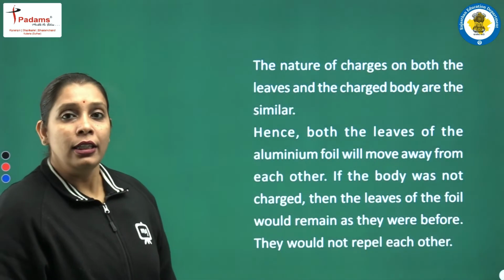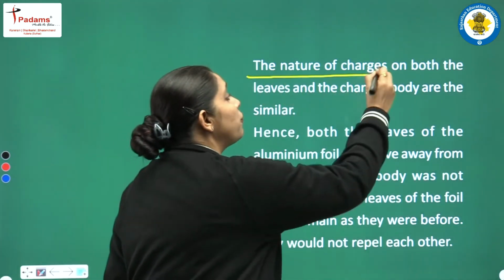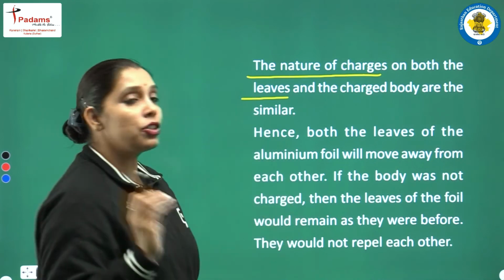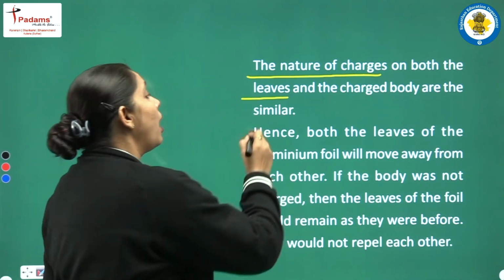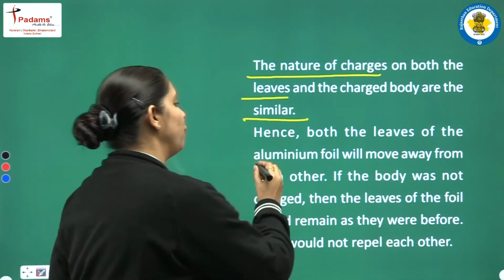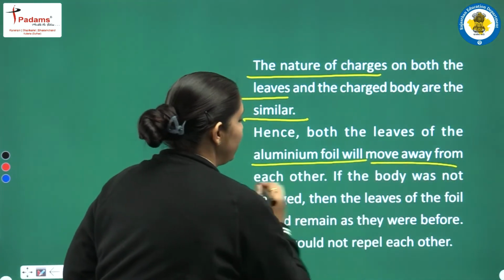Clear everybody? The nature of charge on both the leaves and the charged body is similar. Hence, both the leaves of the aluminium foil will move away from each other.